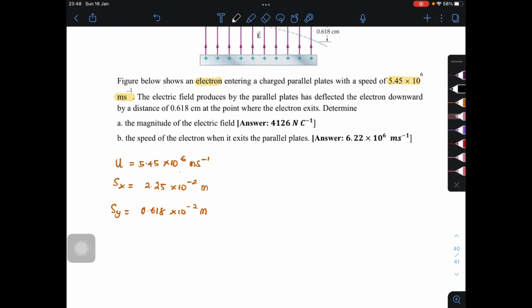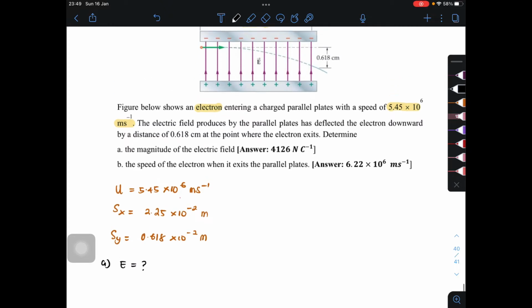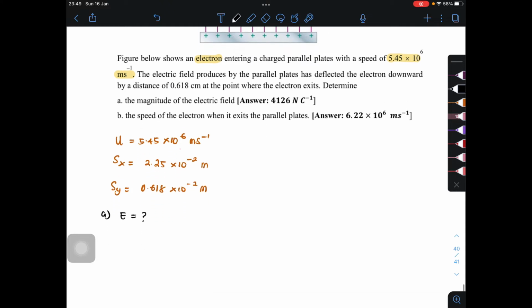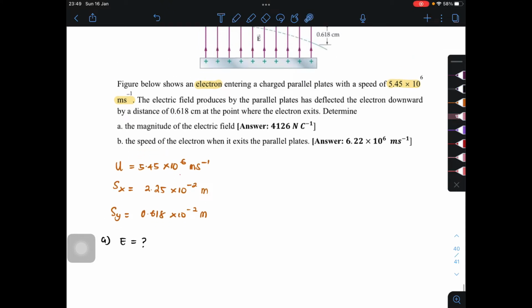Okay, so first question, we want to find the magnitude of the electric field. We only need the magnitude. So how do we find this magnitude? Since the information we have here is in terms of kinematics, we can put this into the kinematics formula.